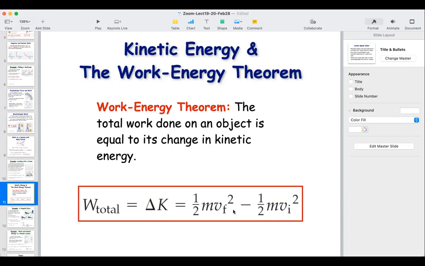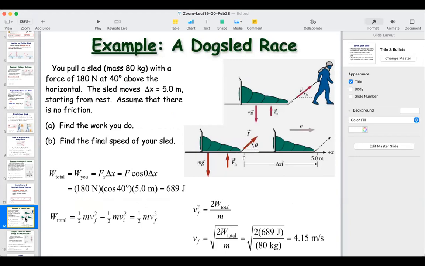So this theorem tells you that the total work is equal to the change in kinetic energy. We have two ways to define the work. The other one was force times displacement, while in this case it is equal to the change in the kinetic energy. And it's very powerful because it allows us to solve a different type of problems.